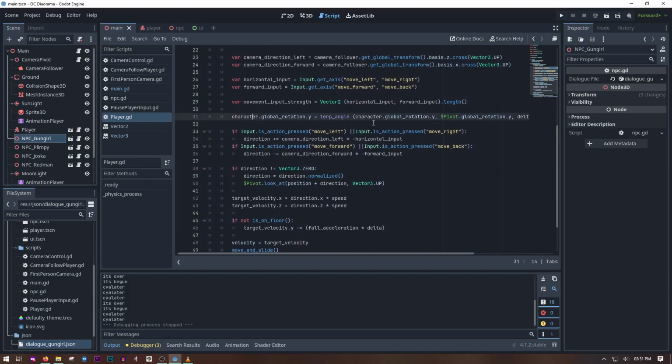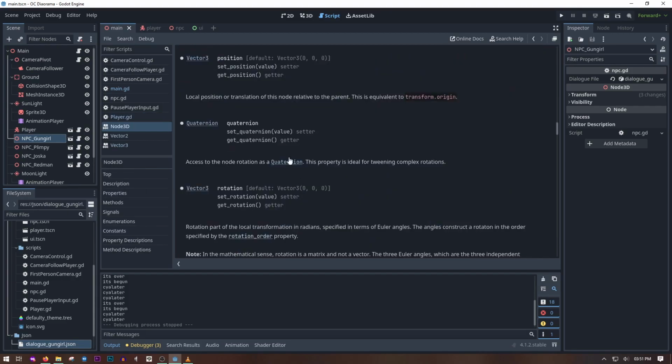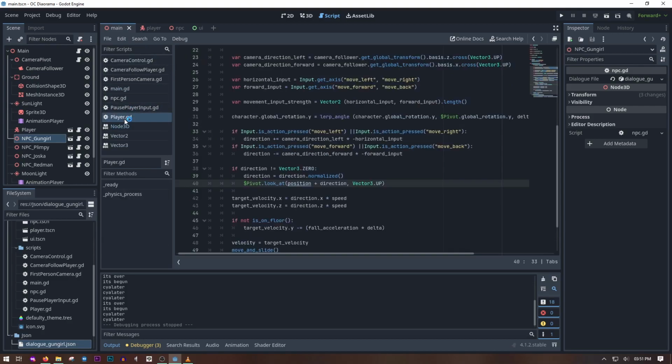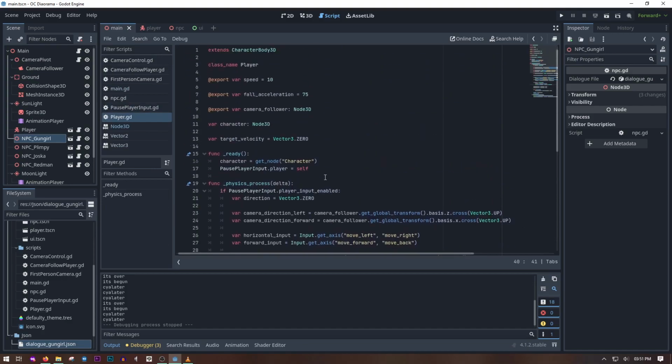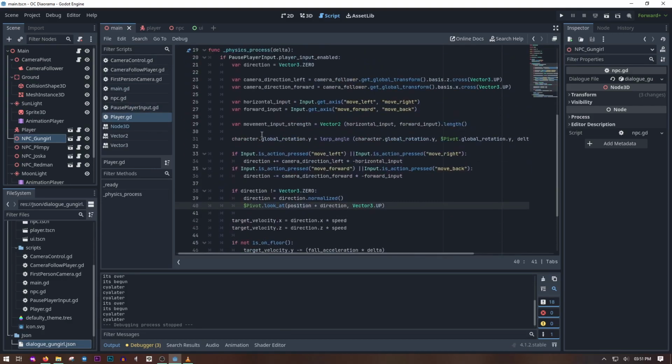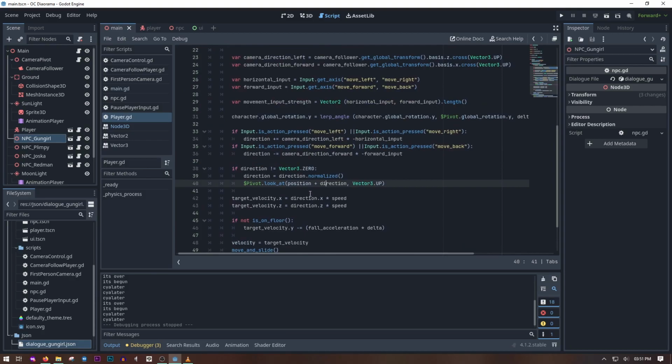And this pivot is down here as well. If direction is not vector 3, 0, meaning if you're moving, direction equals direction normalized, pivot look at position, which is a vector 3, plus direction, which is defined somewhere. Direction equals vector 3, 0.